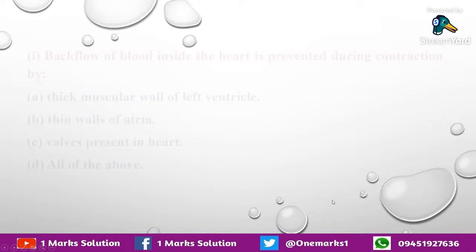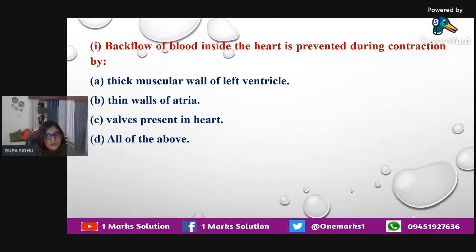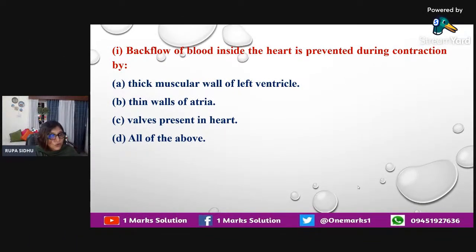Backflow of blood inside the heart is prevented during contraction by... See, when the heart contracts, the blood is going to go out of the heart or any of the chambers of the heart with a lot of pressure.